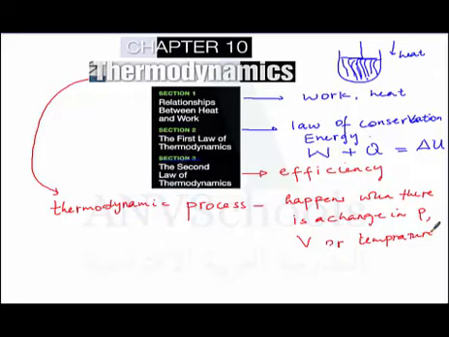The process that occurs whenever there is a change in these thermodynamic parameters is called a thermodynamic process.